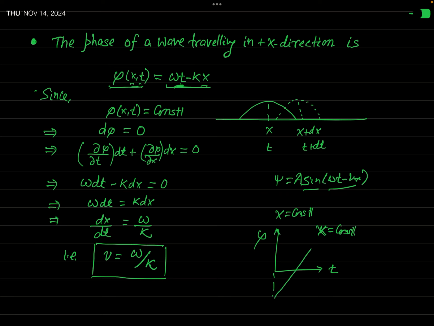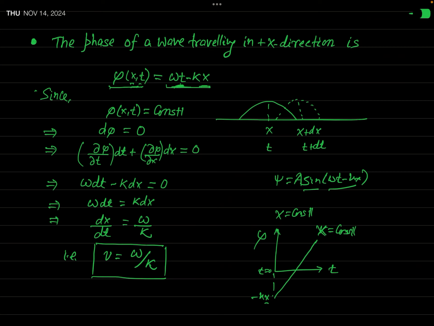Okay, so this will be the graphical plot. At t equal to 0, its value will be equal to minus kx. Here x has a constant value.